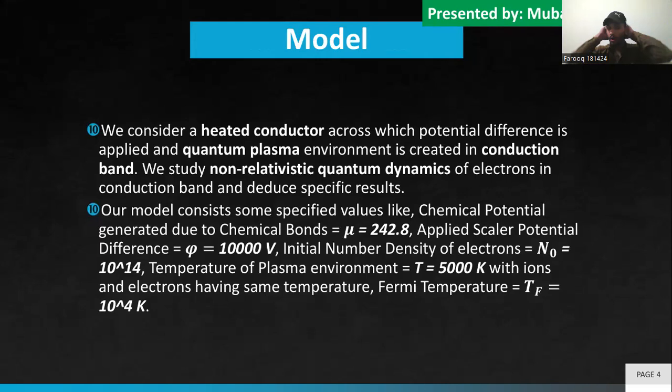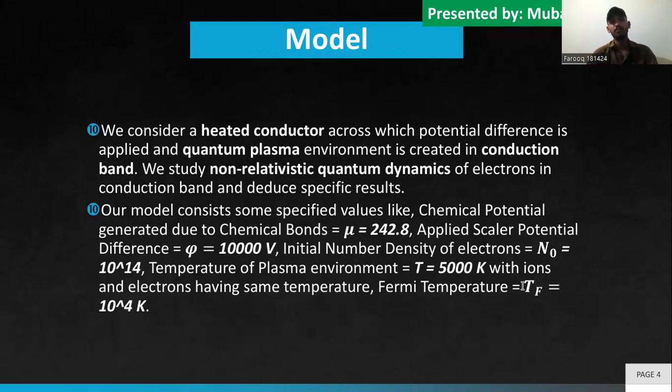Our model consists of a heated conductor across which we have applied a potential difference of 10,000 volt, and we created a quantum plasma environment. The quantum plasma environment is one where the exchange and correlation potential effects are dominant.